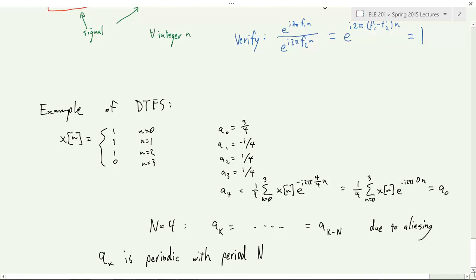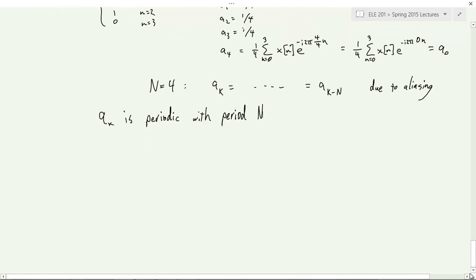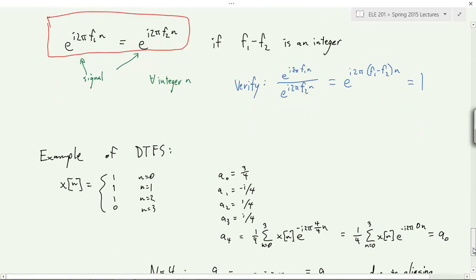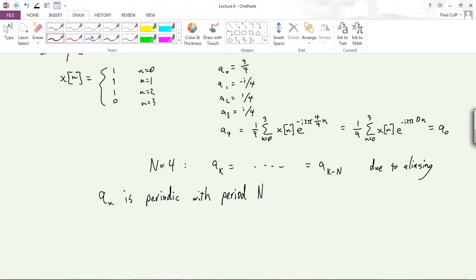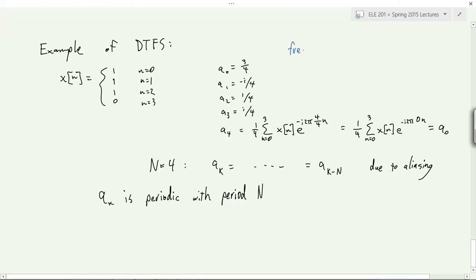So in particular, last thing I want to say about this is that if you interpret these A's by their corresponding frequency, one interpretation is to say this A is associated with a particular frequency, and that frequency is f equals k over n.